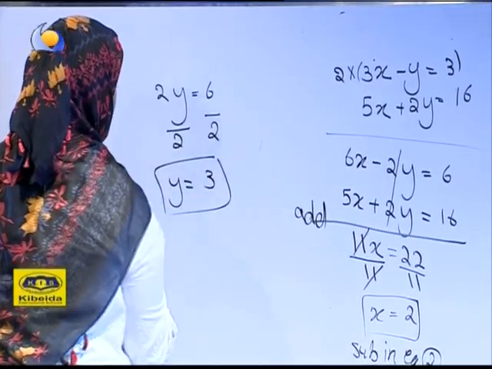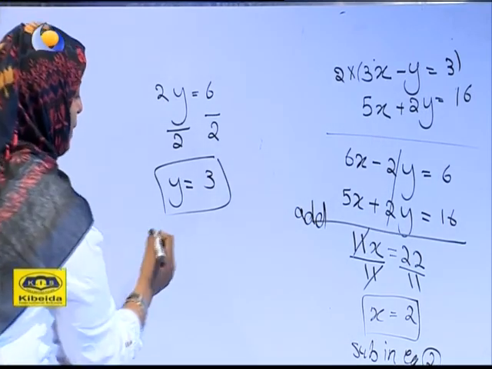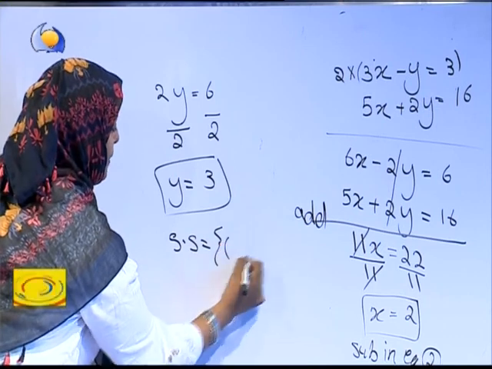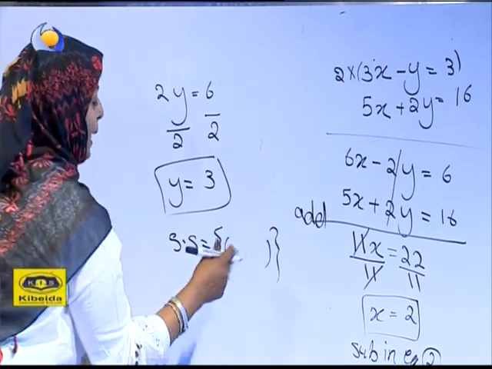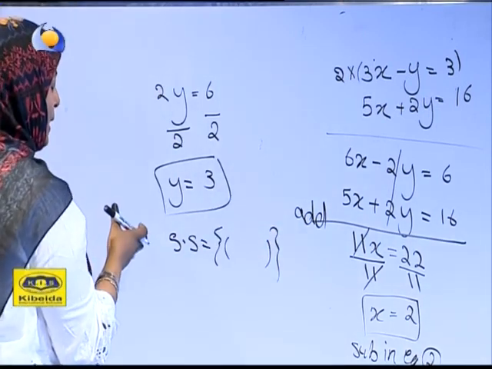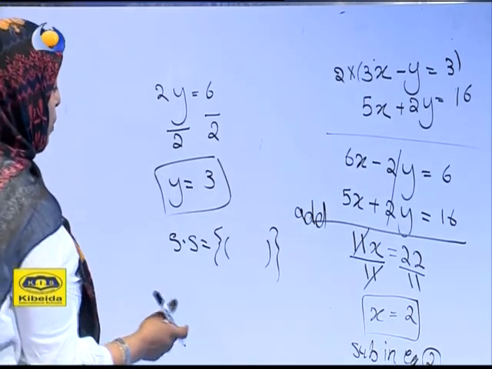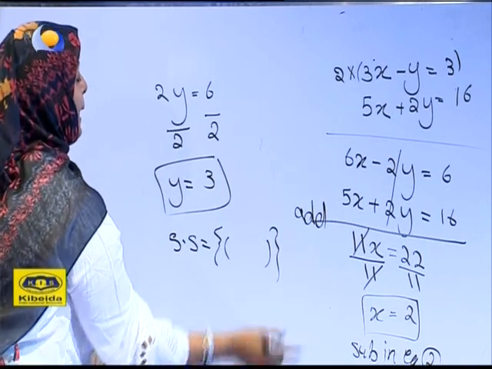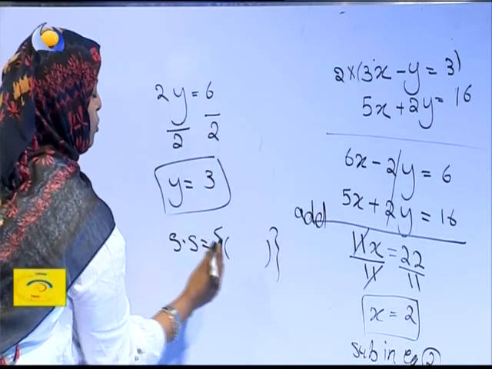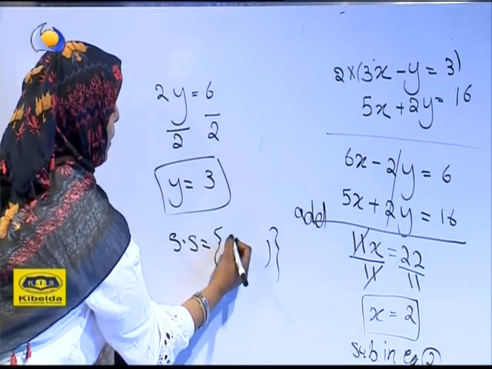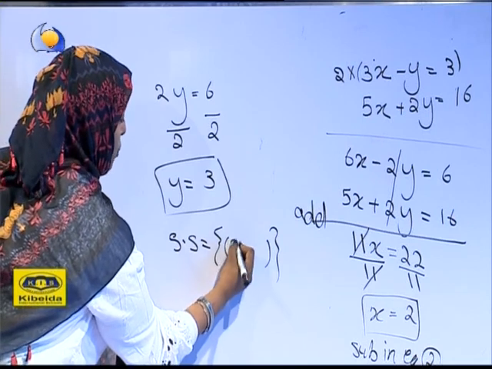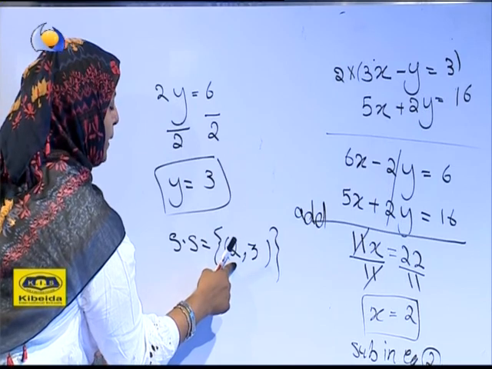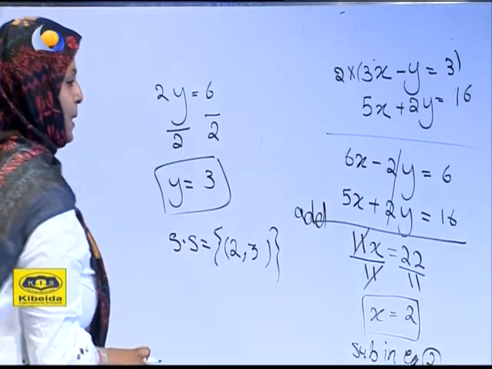What's really important in this, if I want to write the solution set, since they are both a value of x and a value of y, then I have to write them in an ordered pair and also between the brackets of the set. And I must write the x first, which is 2, and then the y. Always the first one is x and the second one is y.